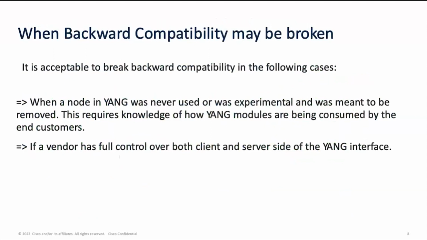So they have full control. They can make backward incompatible changes, and the Yang models or the Yang specification of the devices or the network elements is never meant to be exposed to a third party, whether it's a customer or a vendor.